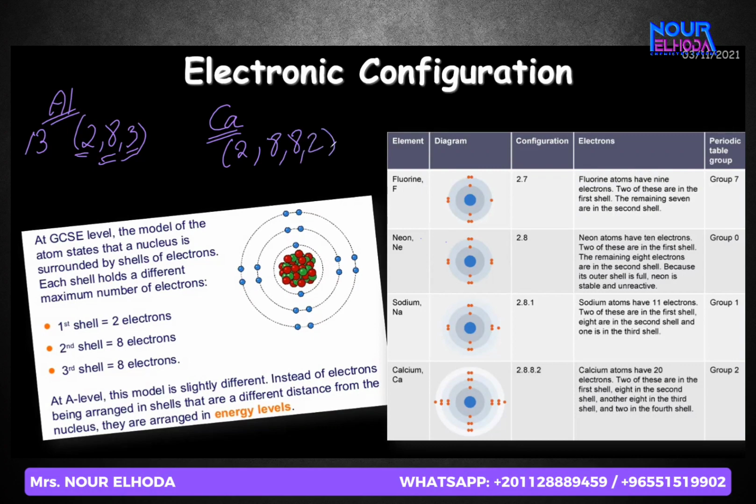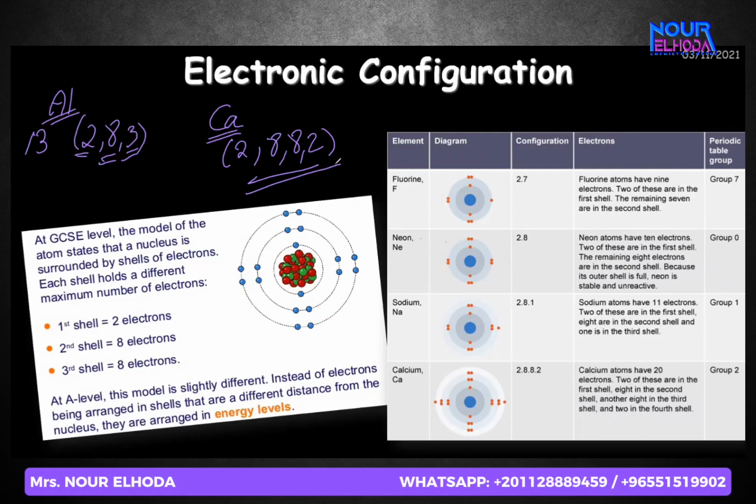By the way, this configuration we wrote is not 100% right. Why? Because if you take AS chemistry, you will know the more accurate one is 2, 8, 18. It's a different one.